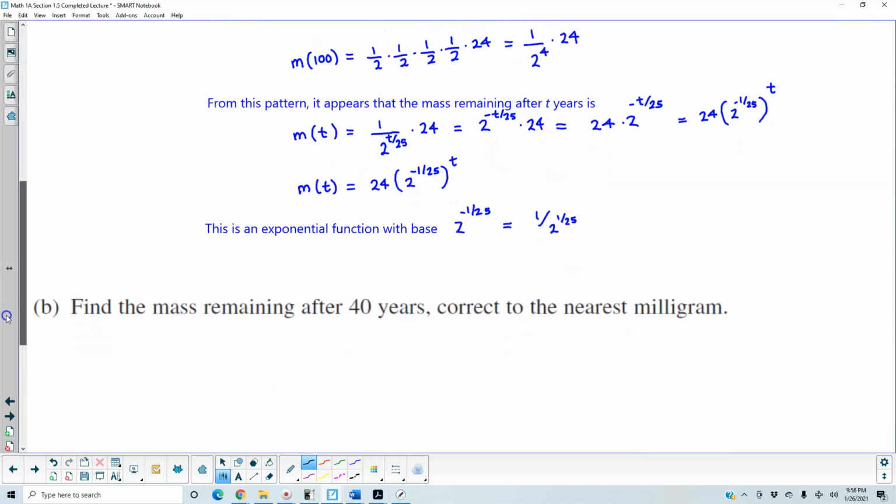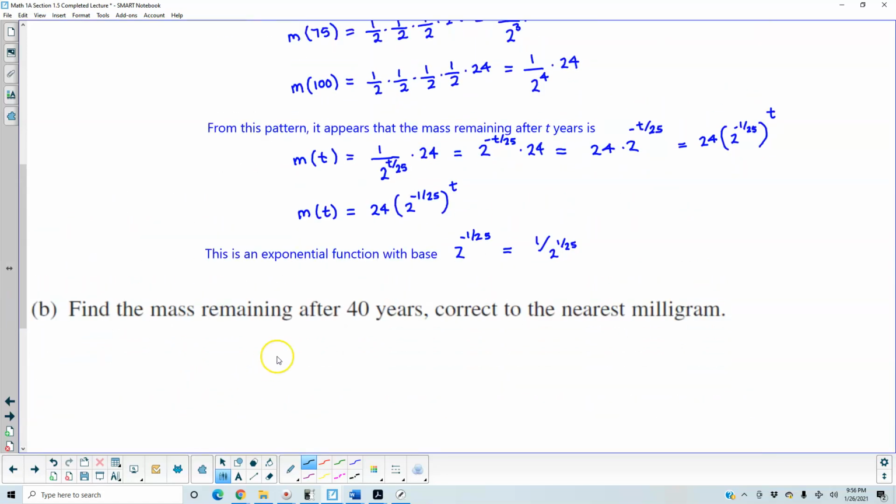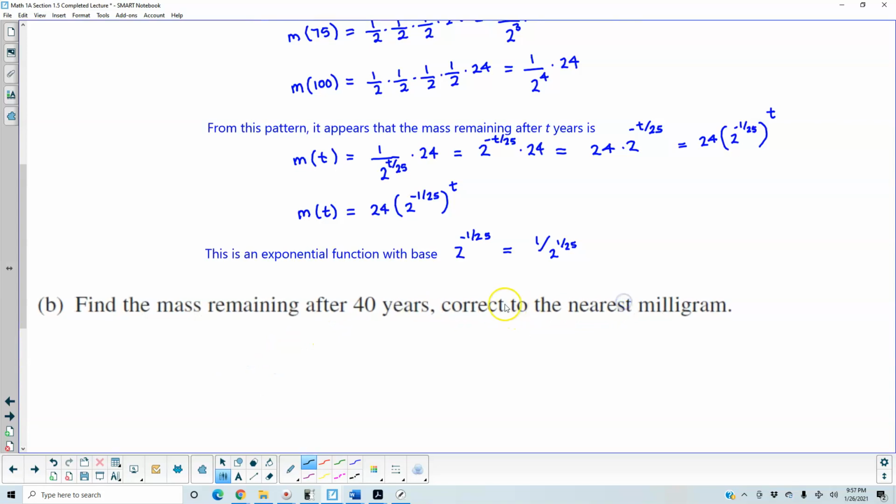Now let's take a look at the next question. The next question is asking us, find the mass remaining after 40 years, correct to the nearest milligram. So that means when t is equal to 40.